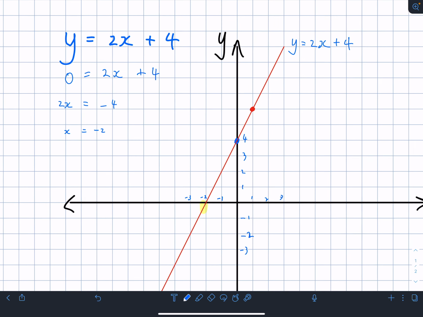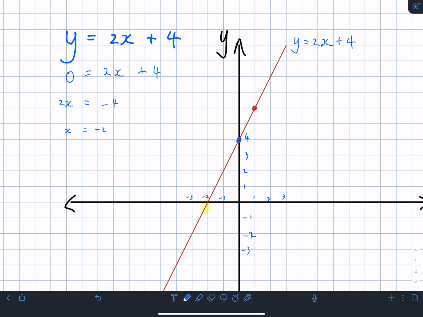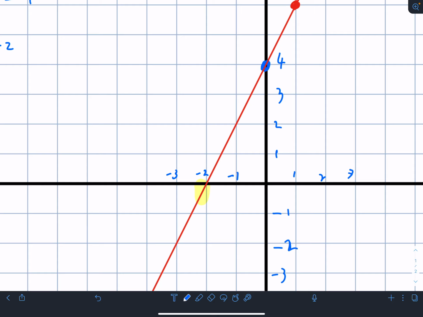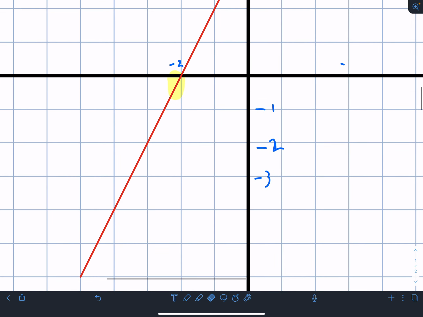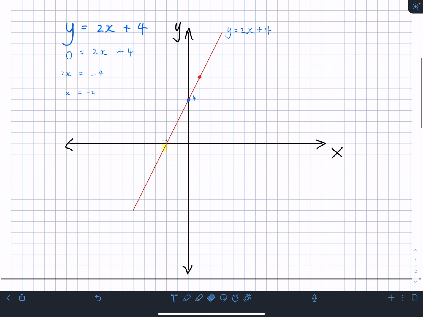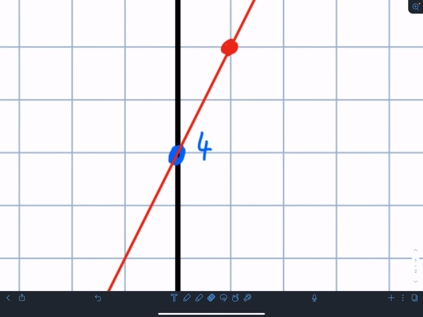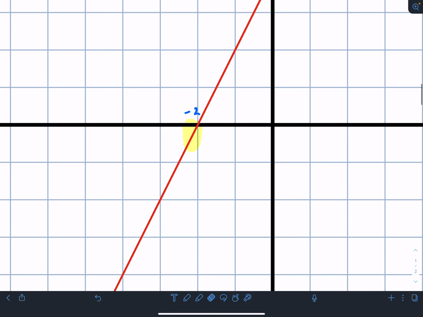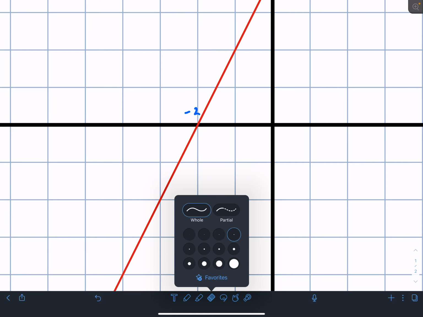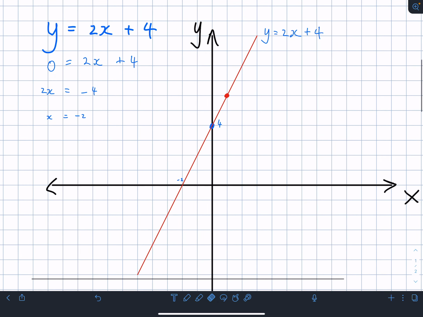And so that's our x-intercept. So let's clean up our numbers here. We have sketched the graph on our Cartesian number plane. We've labelled the y-intercept as y equal to 4, and we've labelled the x-intercept at x equals -2.